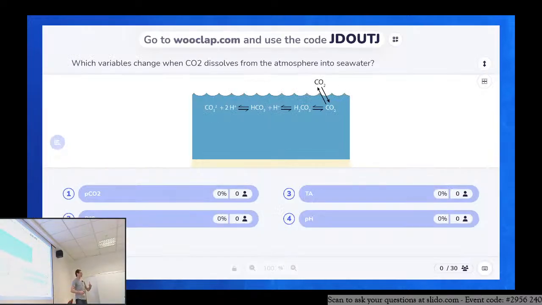Now I've got another question for you. If we add dissolved CO2, so if we add more CO2 into the atmosphere that dissolves into seawater, essentially ocean acidification, which of these four parameters will change? I'll give it a few moments.